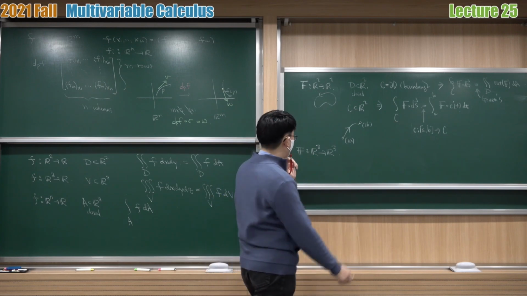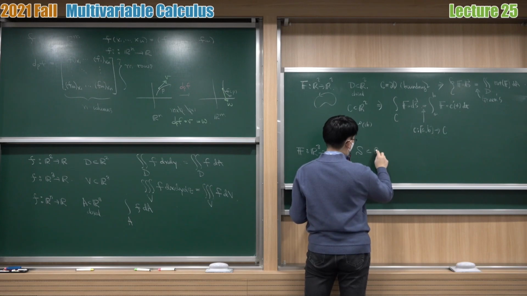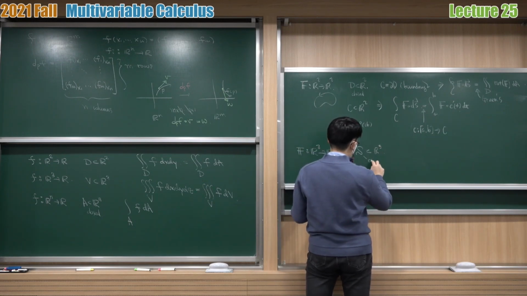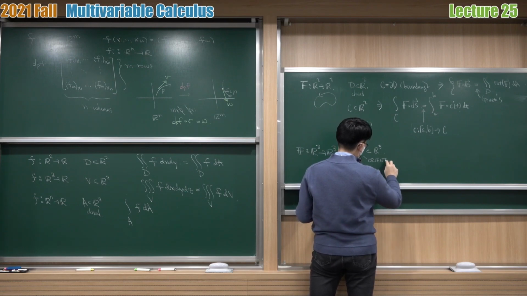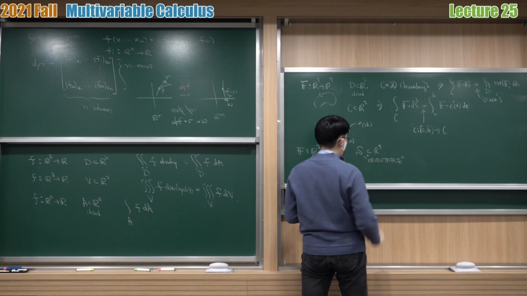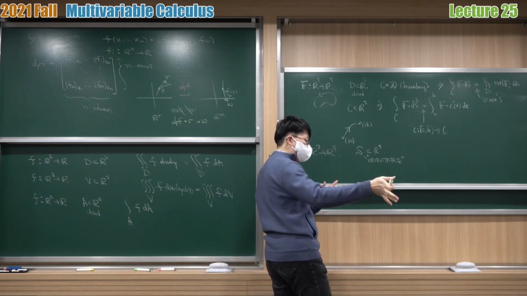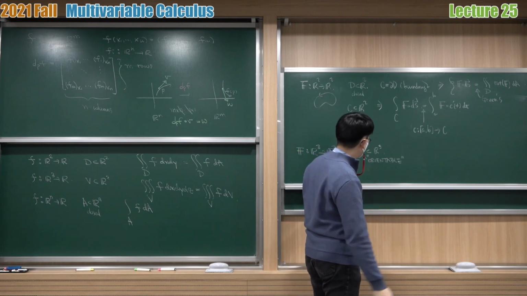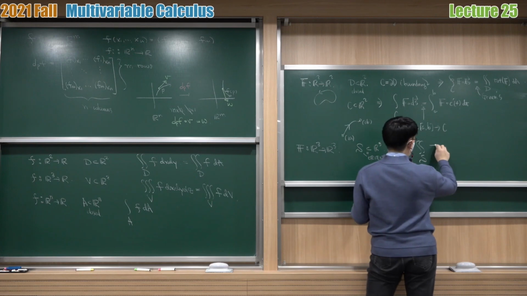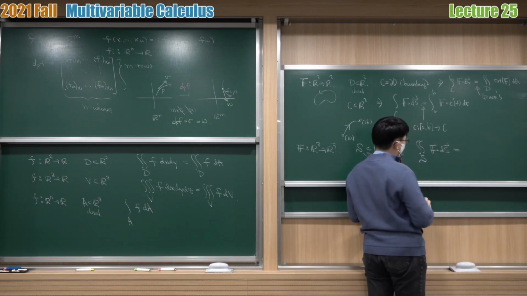So let's say we have a surface S inside of R3, and I want to say this is oriented, or orientable, which means that I can give an orientation to this surface. So it's not a Möbius band or Klein bottle, something like that. In that case, we have defined our flux and denoted it as this.